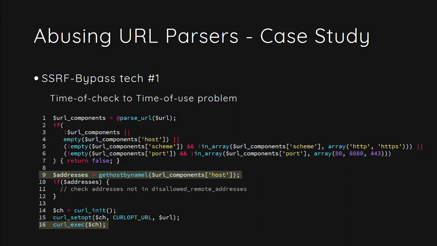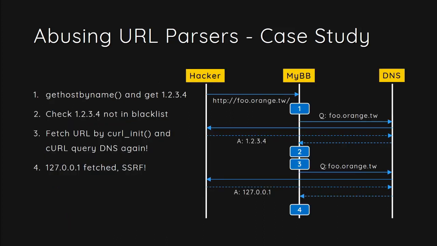The problem is the state of check and the state of use can be different. We can set up a DNS server and lead the first query to a non-blacklisted address, such as 1.2.3.4.